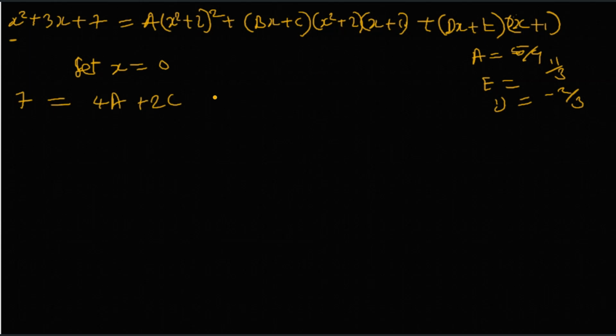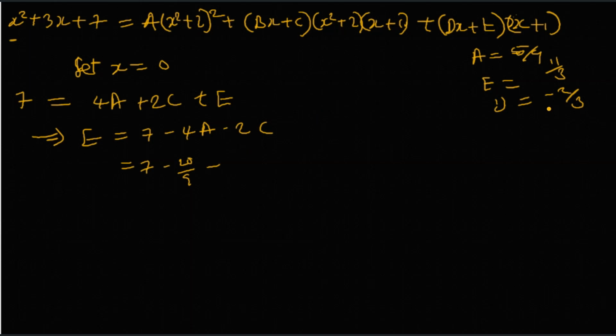Only E survives here, plus E. So that means 7 minus 4A minus 2C, where 4A would give us 20 over 9.